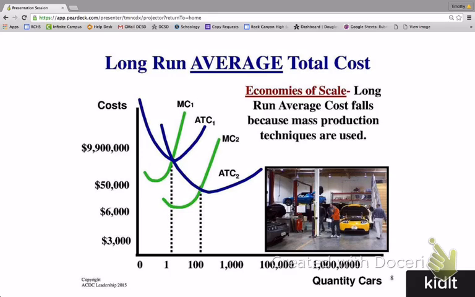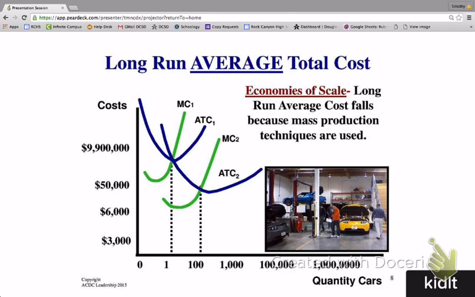So you end up with this family of short-run average total cost curves that a firm can choose from. And it's this family that, taken together, makes up the long-run average total cost curve. Because long-run average cost with economies of scale is falling because mass production techniques are used.